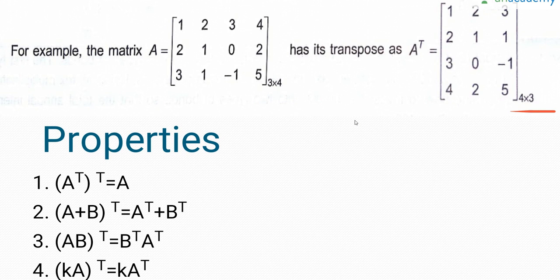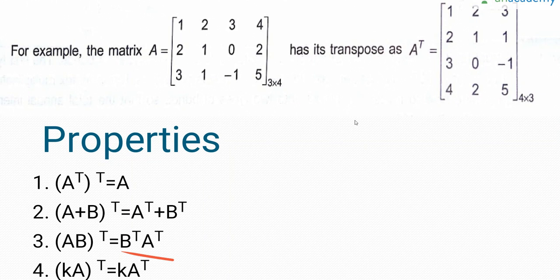Some properties of transpose: the transpose of A transpose is itself A. That is, if we transpose this matrix again, we will get matrix A itself. (A + B) transpose is equal to A transpose plus B transpose, but (AB) transpose will be equal to B transpose A transpose.